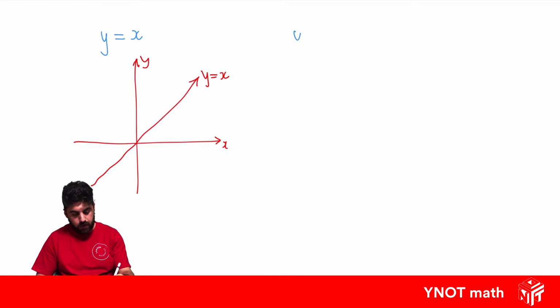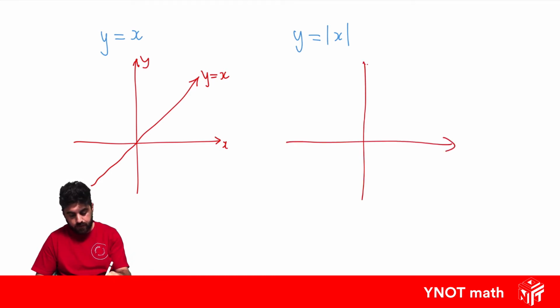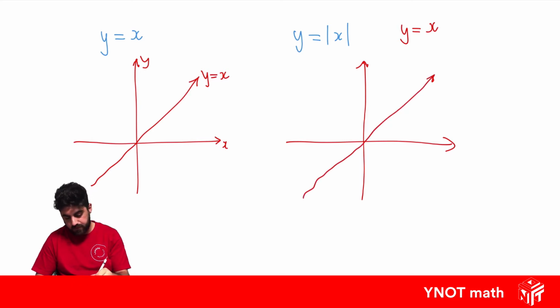What about sketching y equals the absolute value of x? To do this, we think about our graph without the absolute value, which is y equals x, and we sketch that just like we did. But when everything's wrapped in an absolute value, we know it turns anything negative positive.